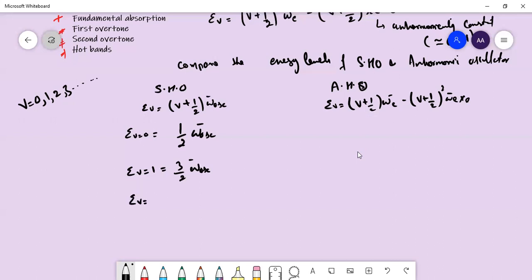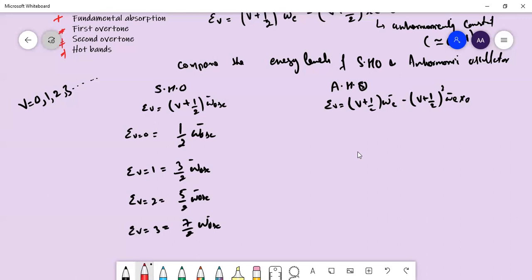If I substitute v = 2, it becomes 2 + 1/2, that is 5/2 ω bar. Likewise, for v = 3, the equation becomes 7/2 ω bar. So this is the energy I am getting for a simple harmonic oscillator.